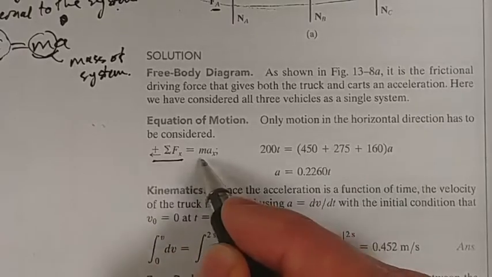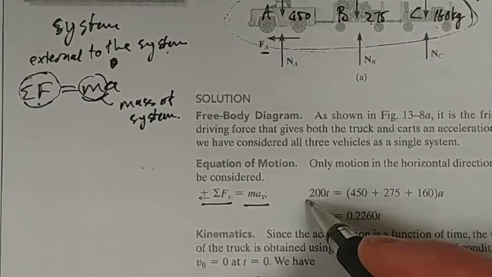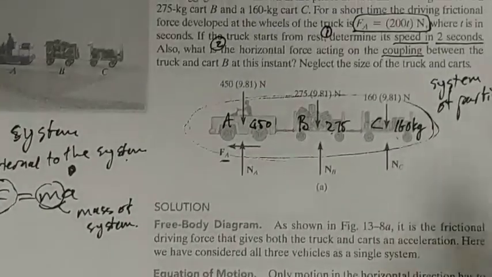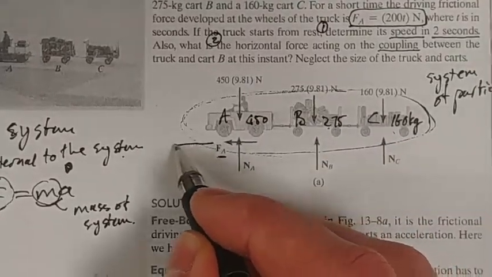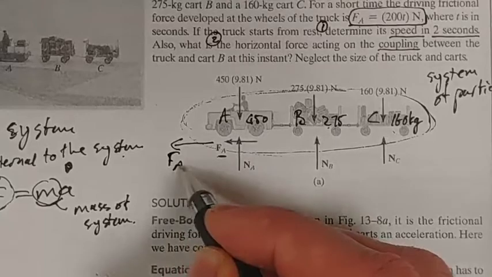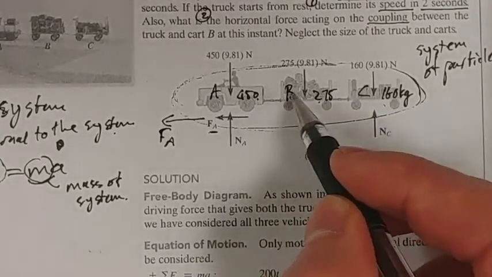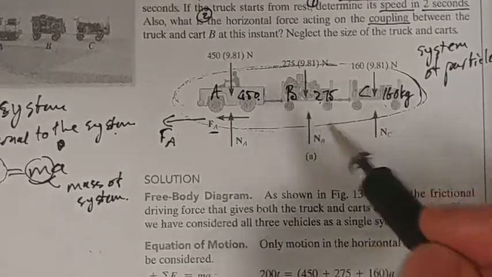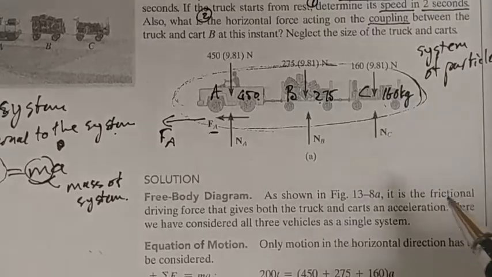The sum of the forces in X equals mass times acceleration. If we take this as our system, the only force that's external is this FA. You can see that there are internal forces between A and B and between B and C, but they are internal to the system, meaning they will cancel out.